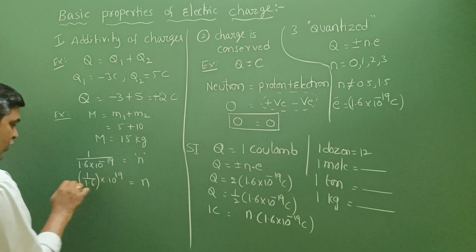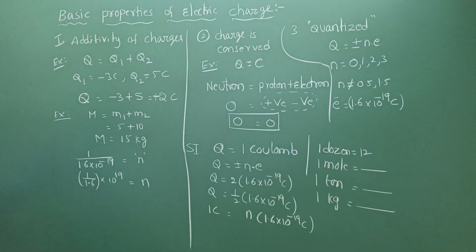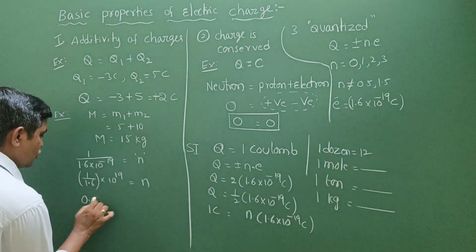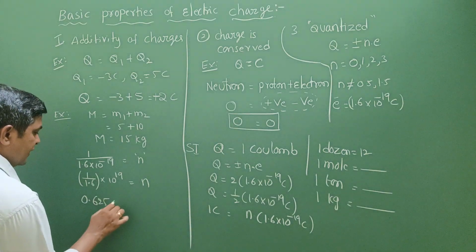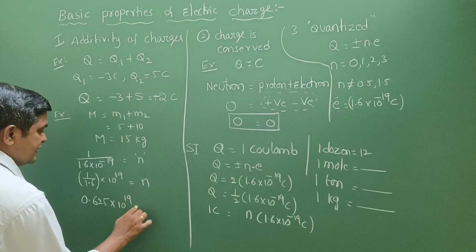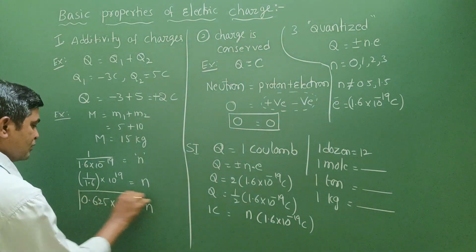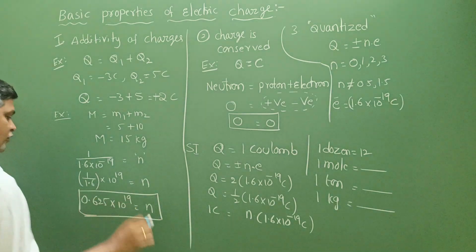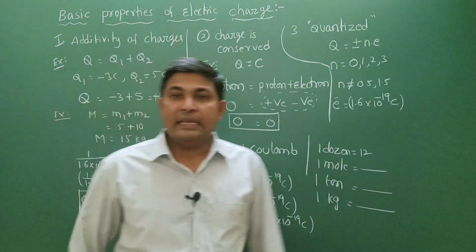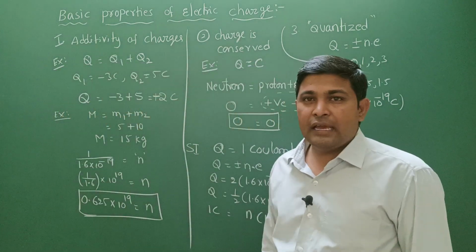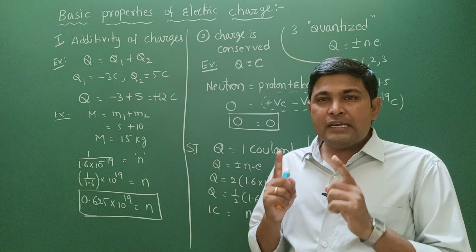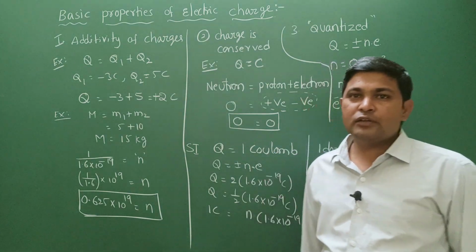Then 1 by 1.6, how much is it going to be? You can calculate almost 0.625 into 10 to the power of 19. So these many electrons or protons can be there if you say 1 coulomb of charge.